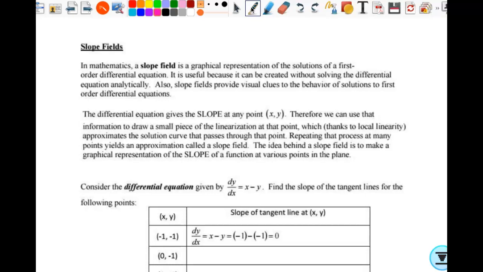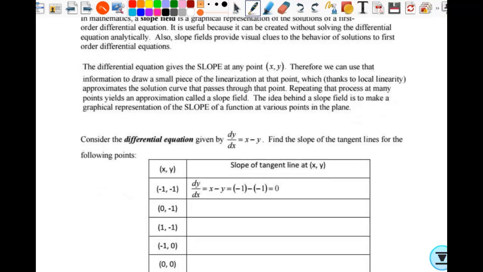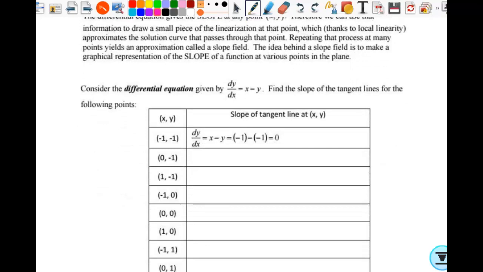If we repeat that process many, many times, you'll start getting a visual idea of what the solution curves look like. And that's called a slope field. So the idea behind a slope field is to make a graphical representation of the slope of a function at various points in a plane. And if we do it at many points, you can start seeing what the solution curves look like.